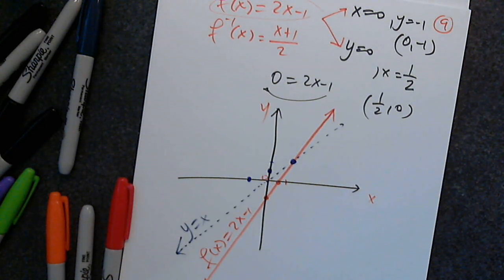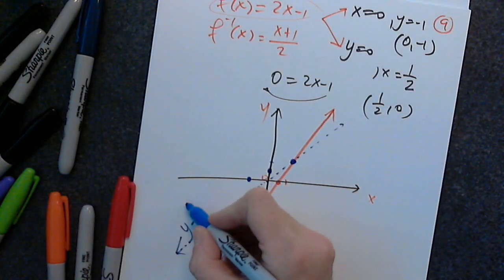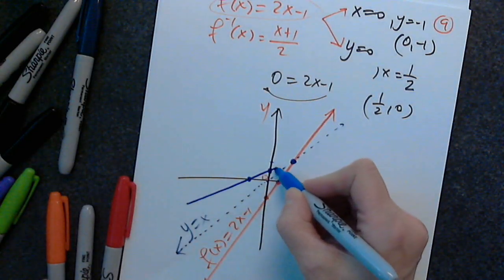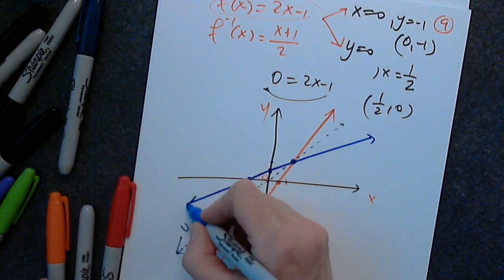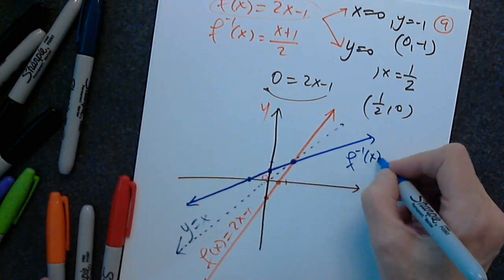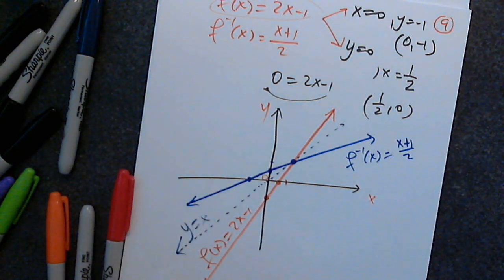What do we get when we reverse 3, 3? 3, 3. So if the function crosses, let's say, at 2, 2, the inverse function has to cross y equals x at 2, 2. So here it is. This is the graph of f inverse, x plus 1 over 2.